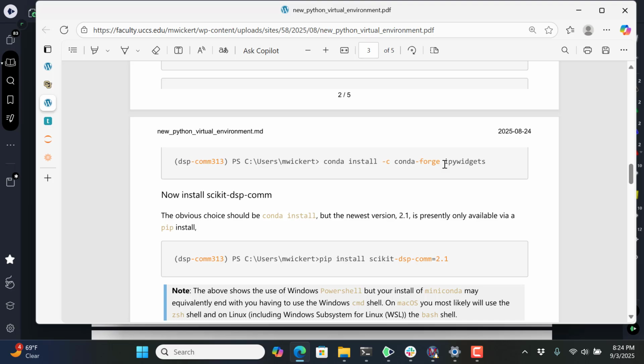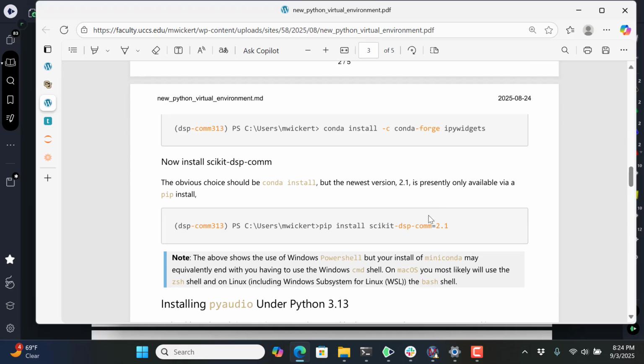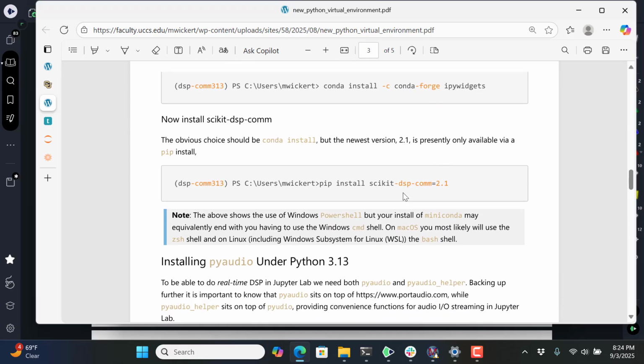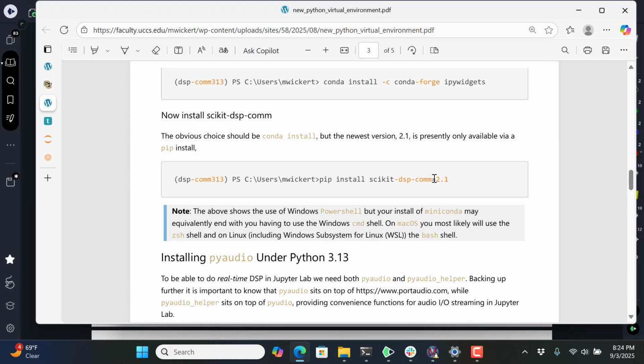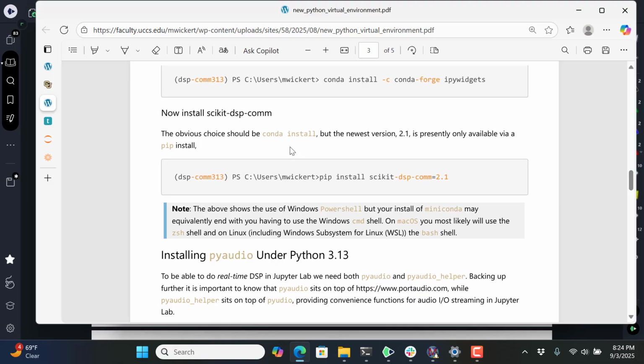The next install is my package scikit DSP-COM, and I'm asking you to install 2.1. That's the newest version. I did a pip install because it was not on Conda Forge as a repository, but I believe that's been cleared up. So a conda install would do the same thing.